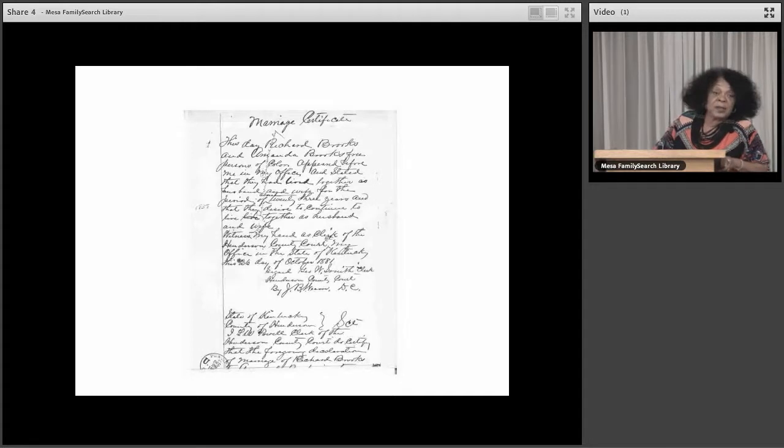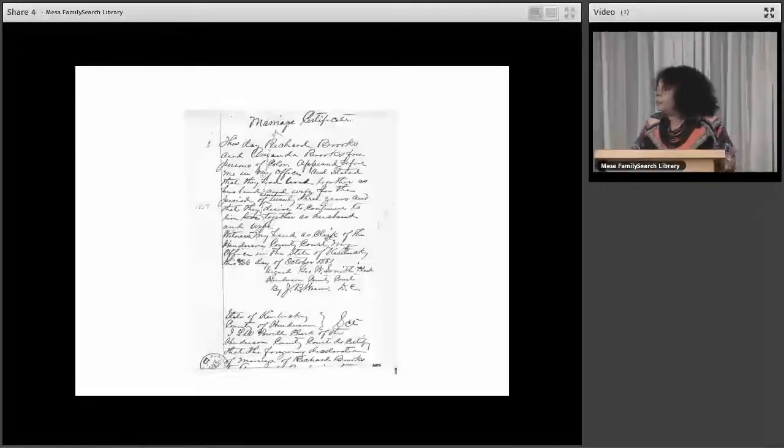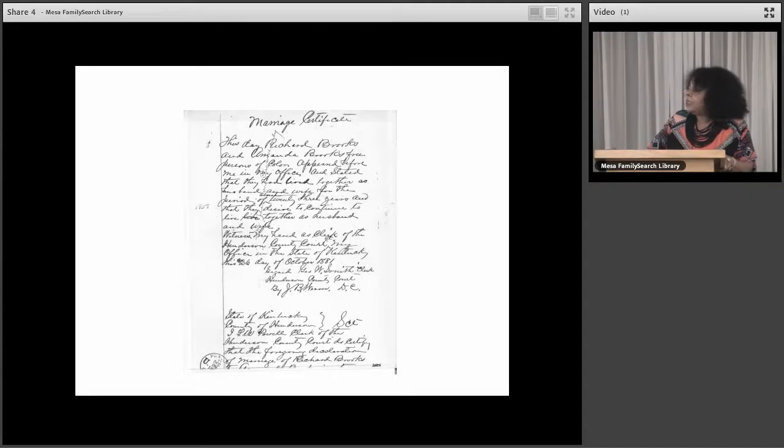This is the affidavit for my great-grandparents, and it says, "This day Richard Brooks and Amanda Brooks, free persons of color, appeared before me in my office and stated that they had lived together as husband and wife for the period of 23 years, which would have been from 1858.